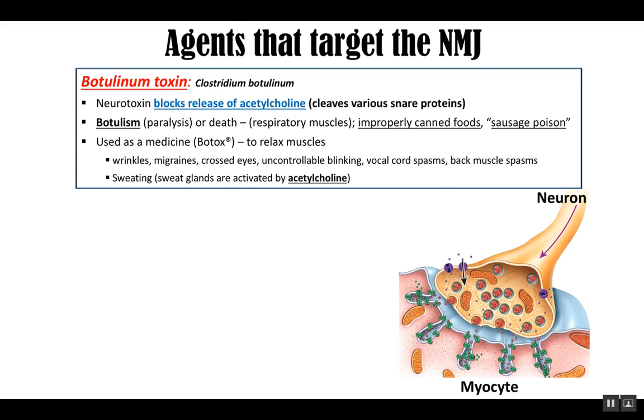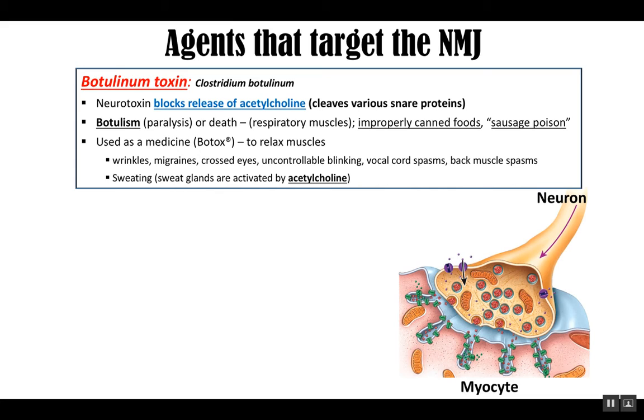This is a very tough microbe in that it is known to form little spores that are very resistant, so you really have to use a high temperature to destroy the spores. We call that using an autoclave.